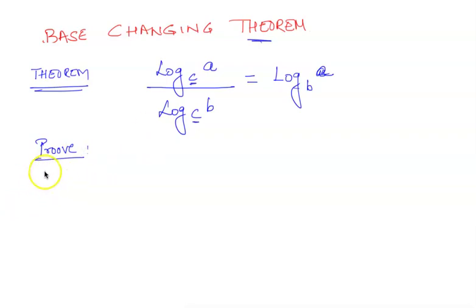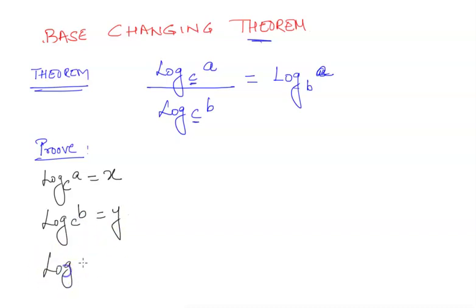How do we prove this? So let's say log a to the base c is x, log b to the base c is y, and log a to the base b is z. By the definition of log, this implies a is equal to c to the power of x.